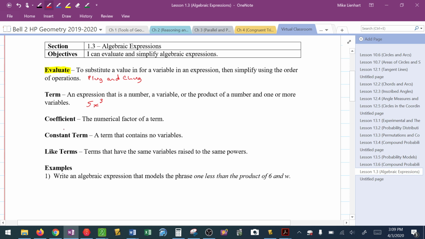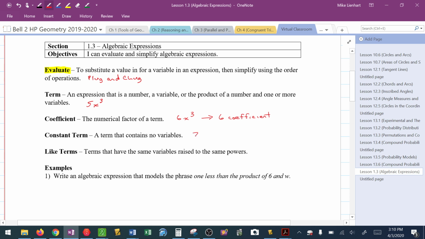Now, in a particular term, we have a coefficient, and a coefficient is going to be the numerical factor of the term. So, for example, if I have 6x cubed, then I know that 6 is the coefficient. All right? A constant term would just be a number all by itself that has no variables.